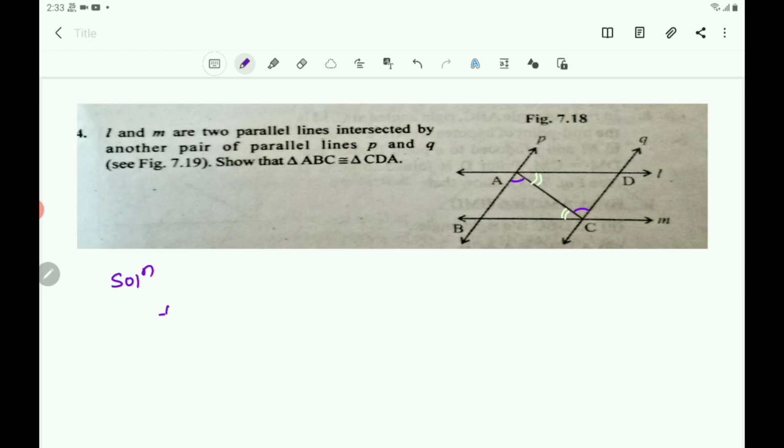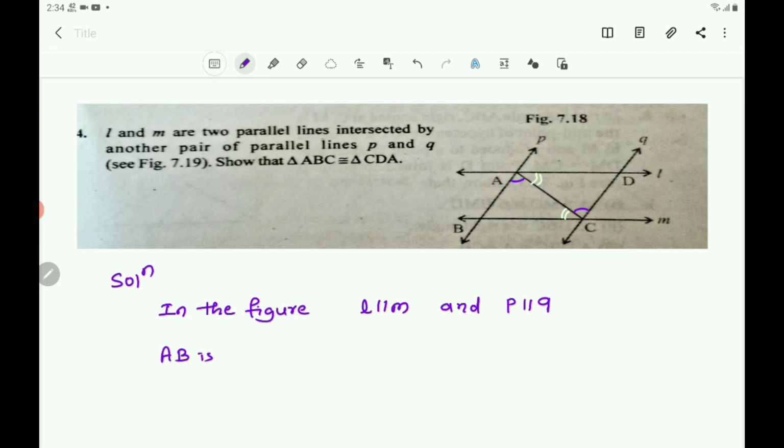In the figure, what is given? L is parallel to M and P is parallel to Q, and AC is a common transversal of both sets of parallel lines.